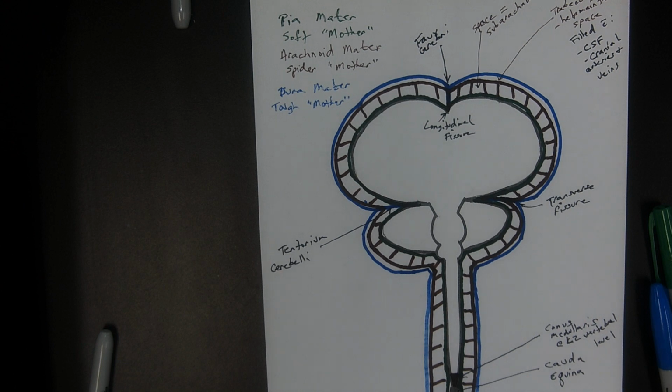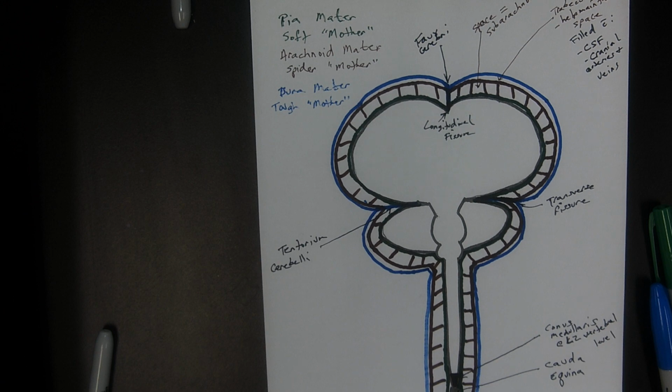Okay. So we're going to pull away the dura mater, and then what's going to be left is the arachnoid mater. And it's kind of cool looking because when you have this layer of arachnoid mater there, you can actually see the arteries and veins underneath the arachnoid mater. So you see them in that physical space. The pia mater, can't really see. It's very tightly adherent, but the arachnoid mater you're going to be able to see as this film over top of the arteries and veins, the CSF.